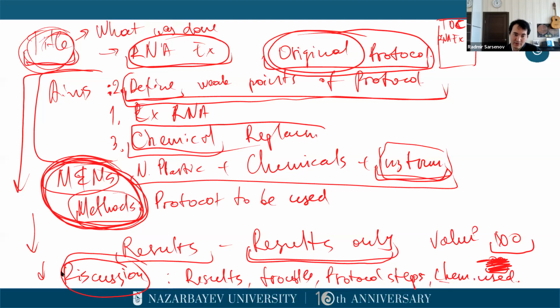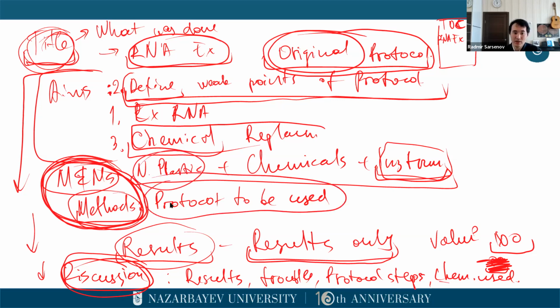So why do you have a defined discussion, although you could do everything inside the previous sections? It's to make sure that you keep everything clean and organized. When you have it clean and organized, you don't have to read every single step to understand where you had the thought about the used chemical, for example, or where you had a thought about why you actually got the value of 100 instead of 50.